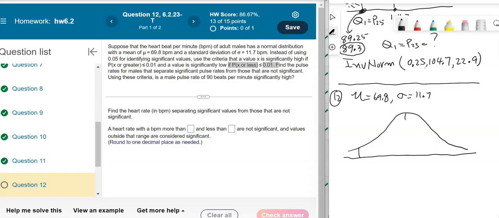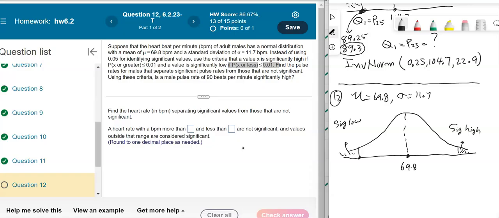So what that means here is, in the middle is the mean, 69.8. Anything below here is significantly low. Any heart rate above here is significantly high.